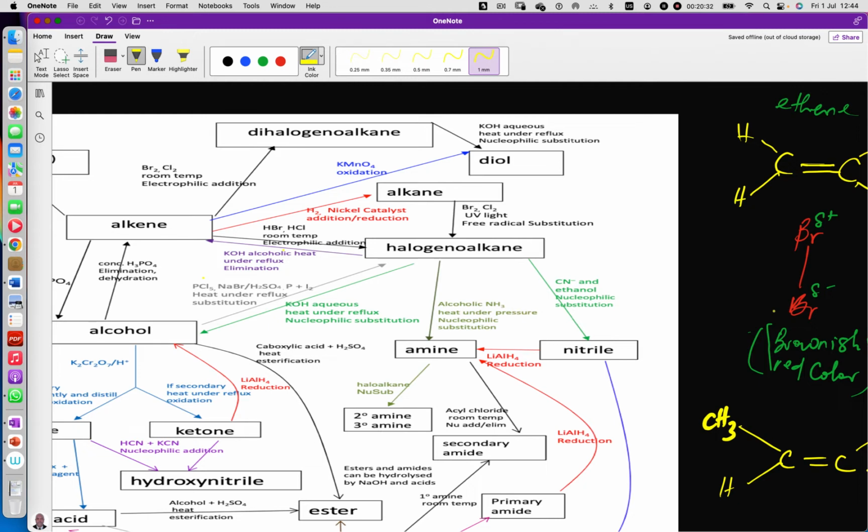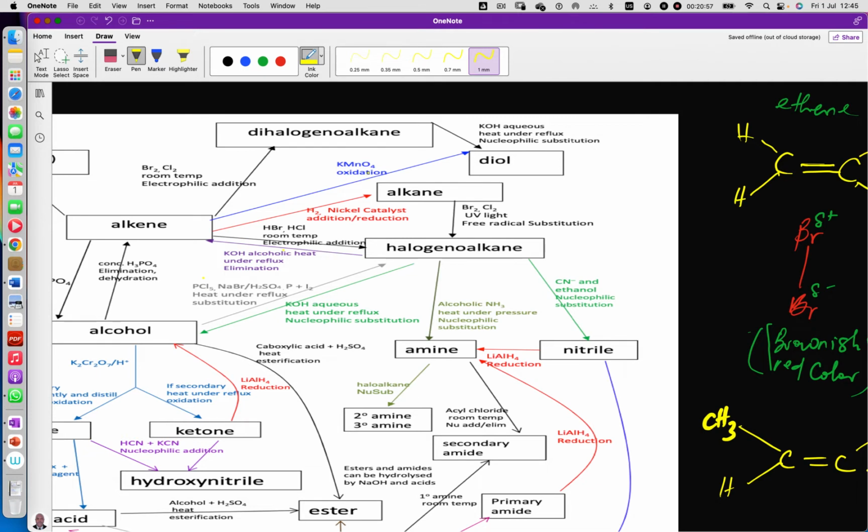Alkenes undergo oxidation, and the oxidizing agent that we are going to use here, there are two for this. The oxidizing agent is acidified potassium manganate 7.